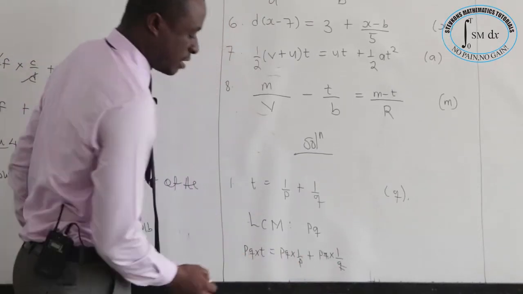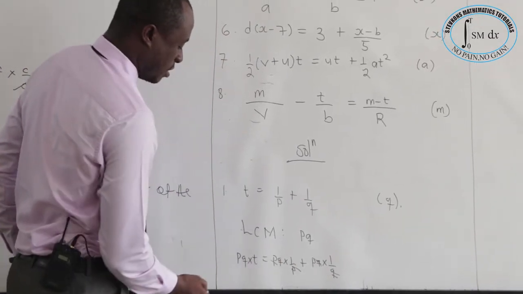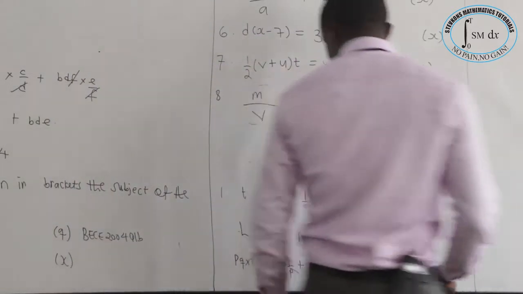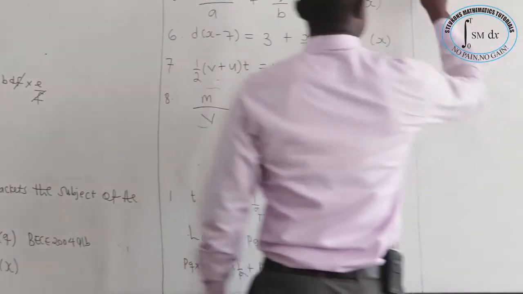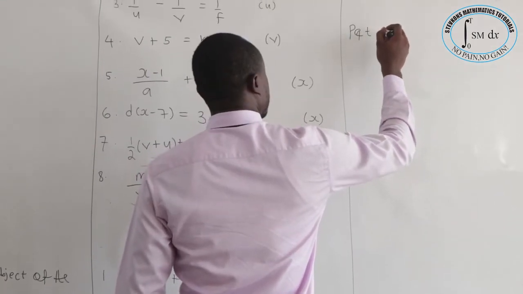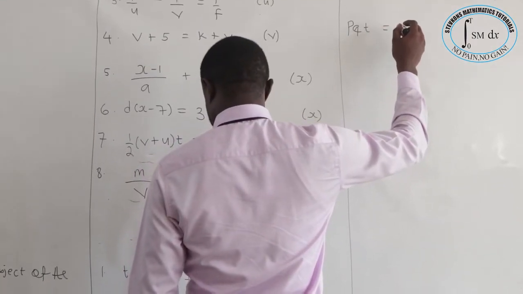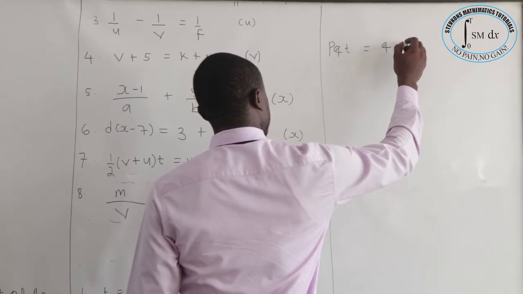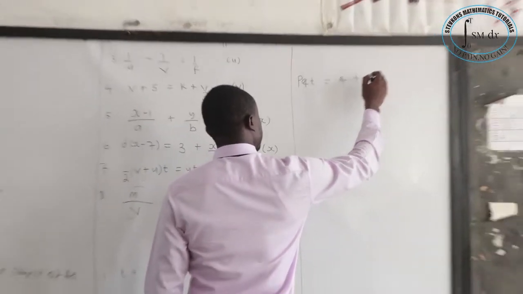This Q is cancelling out that Q. This P is cancelling out this P. So from here, we can clearly see that you have PQT equal to Q plus P.